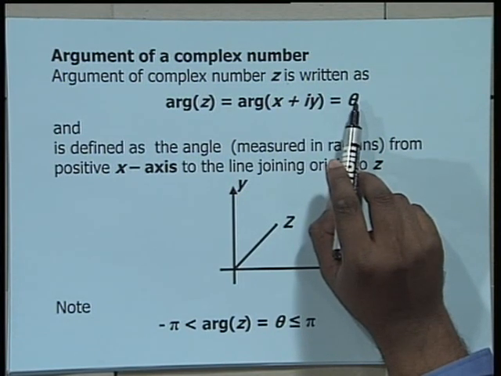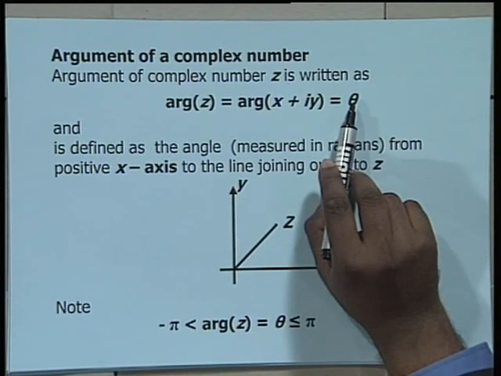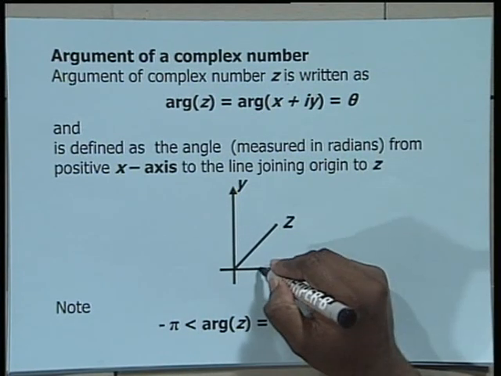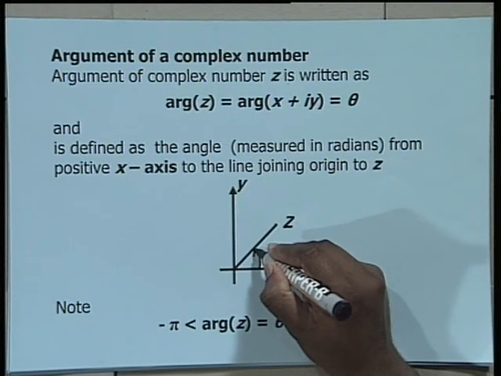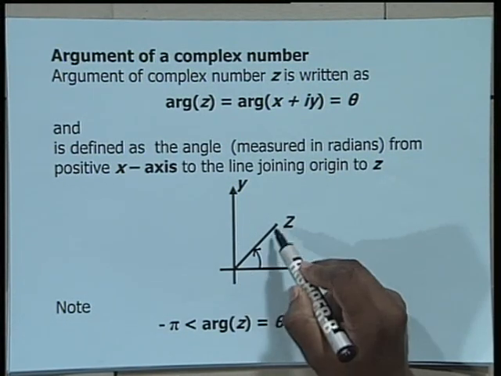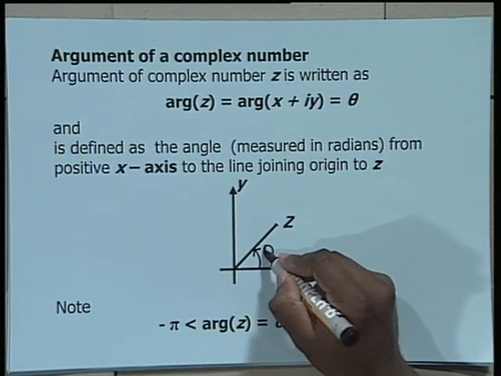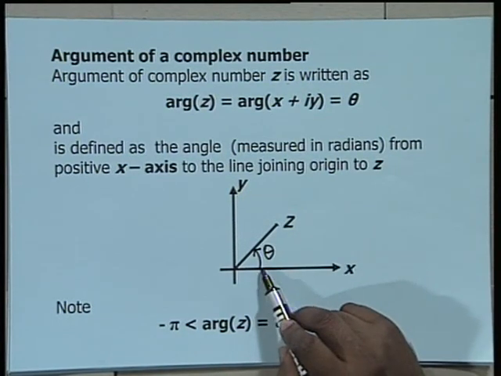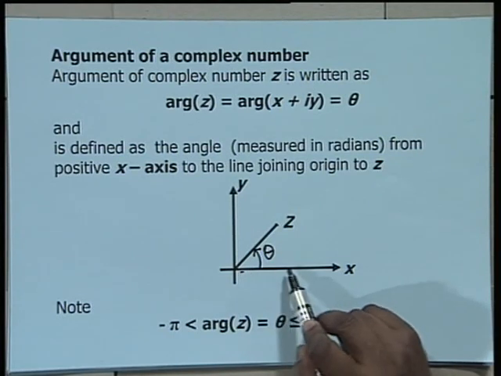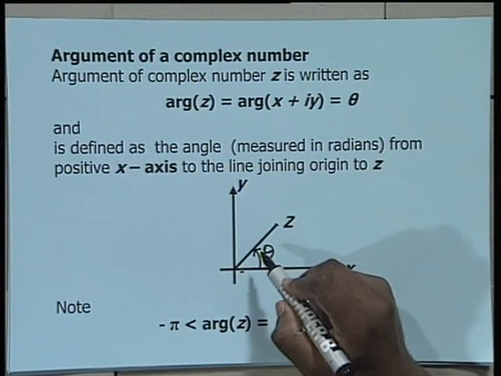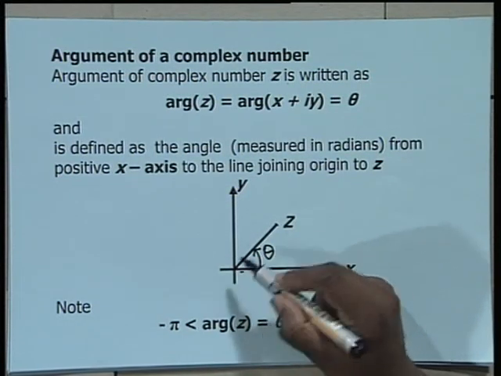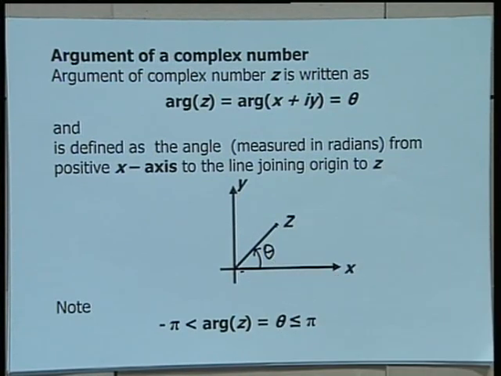The complex number will have an argument theta, means that the angle between the positive x-axis and the line joining O to Z is theta. Remember, argument is defined as the angle between the positive x-axis or the positive real axis and the line joining the origin to Z. And argument must have a value between minus pi and pi.